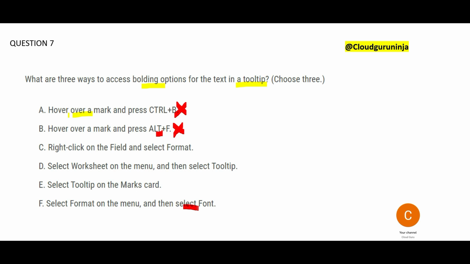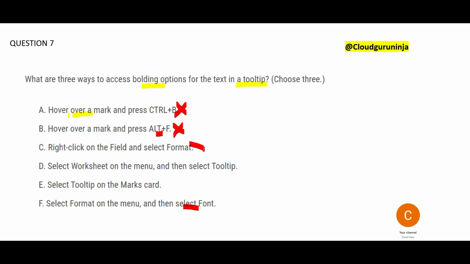Here you are saying you right click on the field and then select format. There it will format the field, the data that is displayed in the field. But you want to format the tooltip, not the field itself.